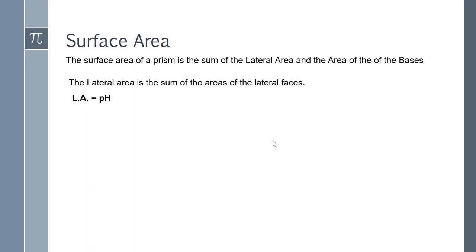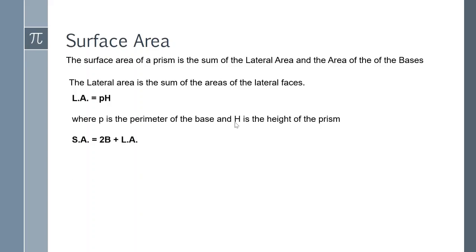So lateral area could be defined by this formula, P times H, where P is the perimeter of the base. And capital H, I use a capital here just so you don't get it confused with the height of the base itself, is the height of the prism. So what's the height of the prism? The height of the prism is the altitude that attaches the two bases together.